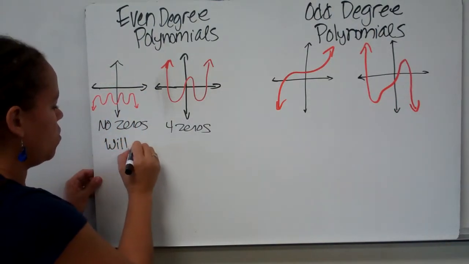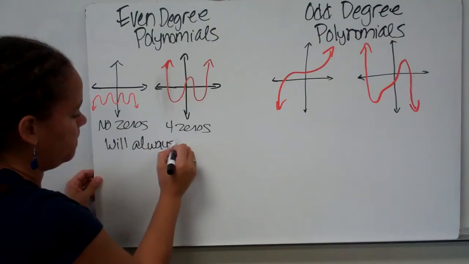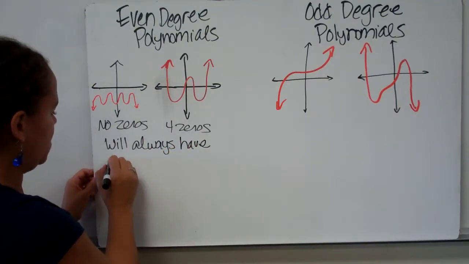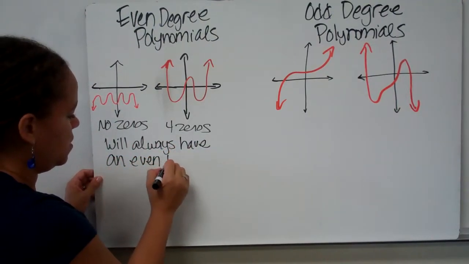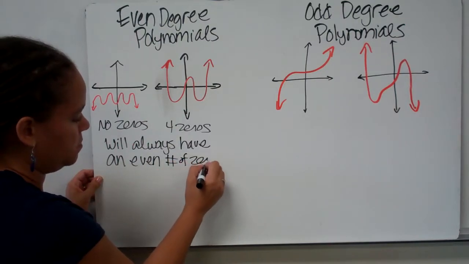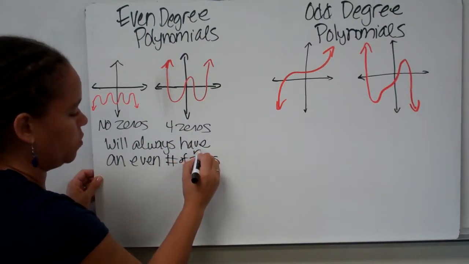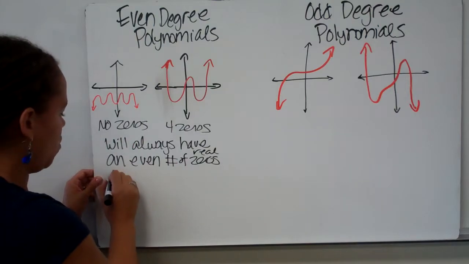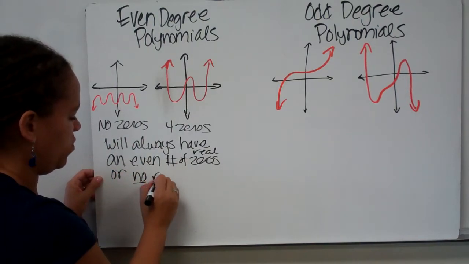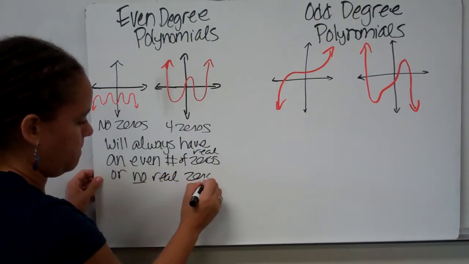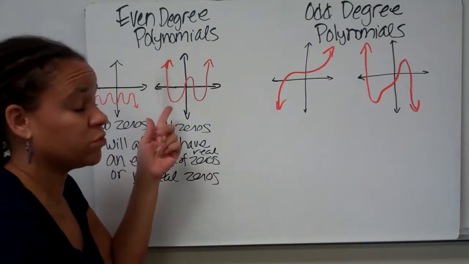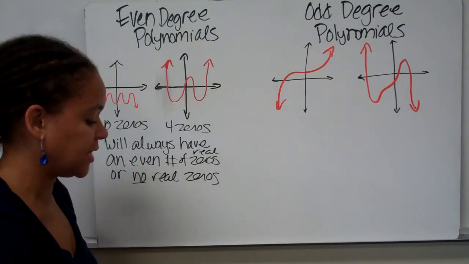So we'll always have an even number of real zeros, or no real zeros. And remember, zeros are the same as roots whenever they cross the x-axis.